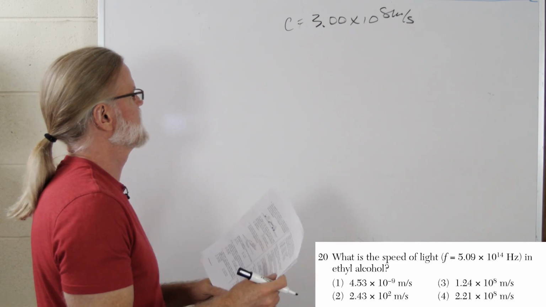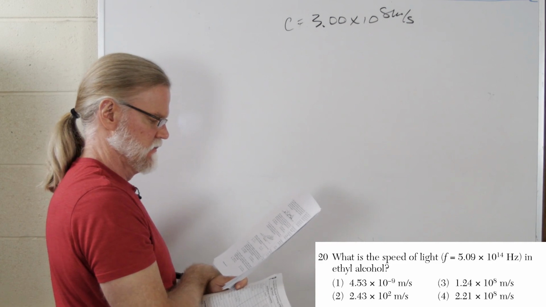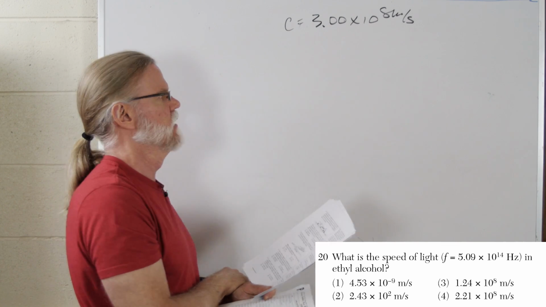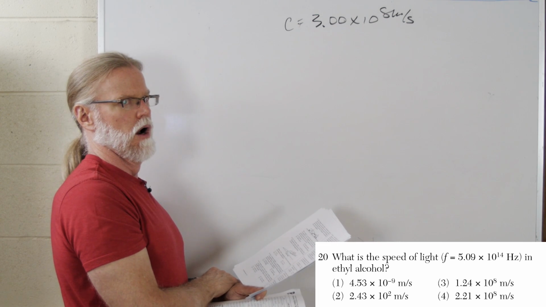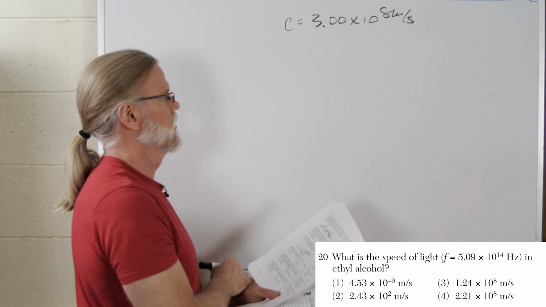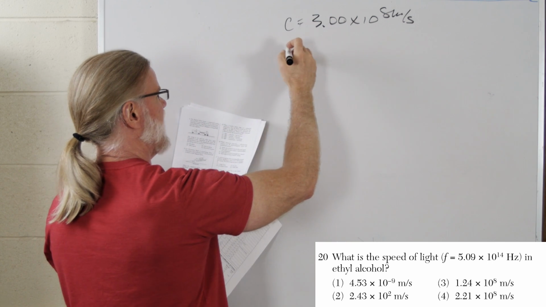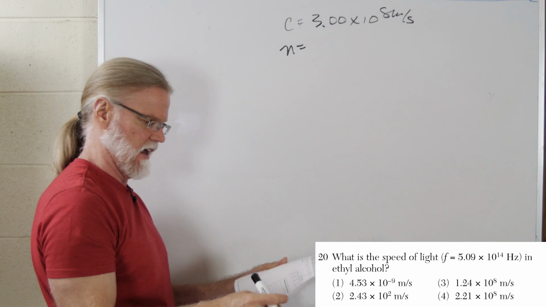That's a constant, and very important, given a special letter c. Remember that from the equation E equals mc squared. It's going to go slower in another medium, in this case, ethyl alcohol. The index of refraction gives us an indication of how fast that is.